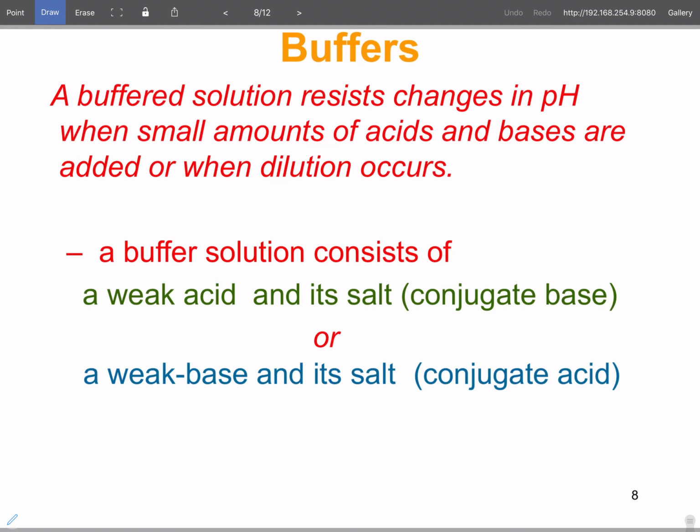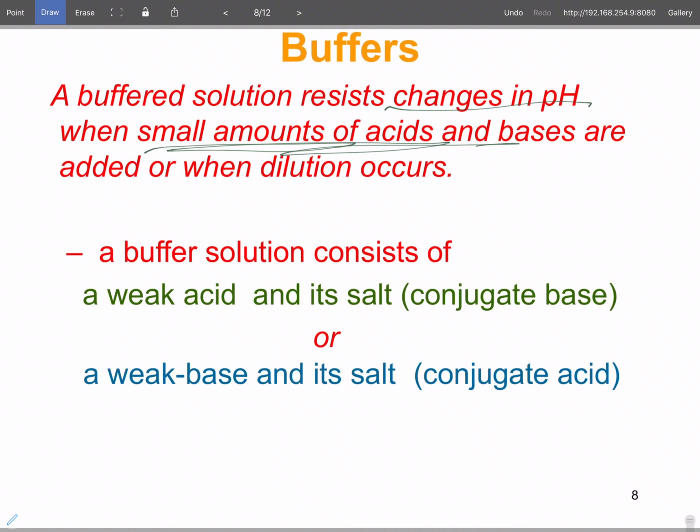Because a buffer consists of a weak acid and its conjugate base, or a weak base and its conjugate acid, it's going to resist changes when small amounts of acid and base are added.